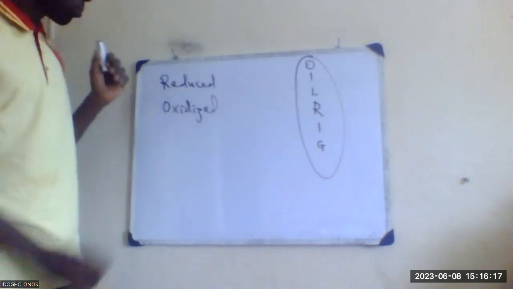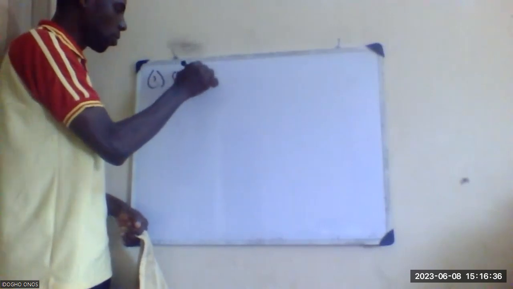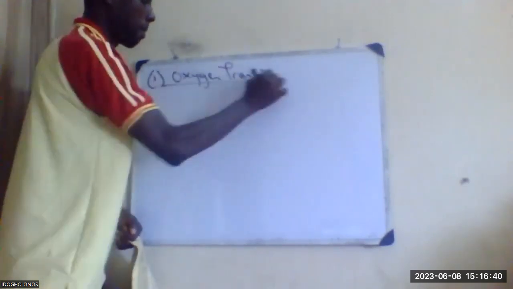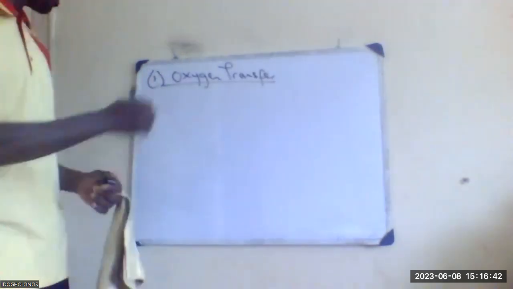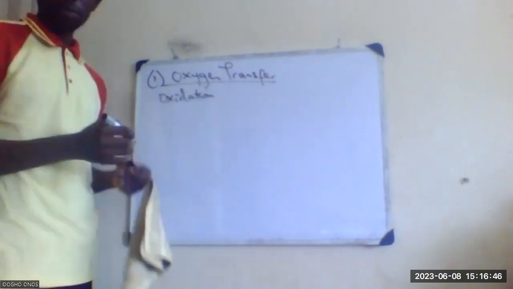Okay. If that is taken, now let's define a redox reaction under the following headings, because that is where questions come in. They might ask students to define oxidation in terms of oxygen transfer or in terms of hydrogen transfer. Let's start with the first one. I just write oxygen transfer, and under it, you can write oxidation.